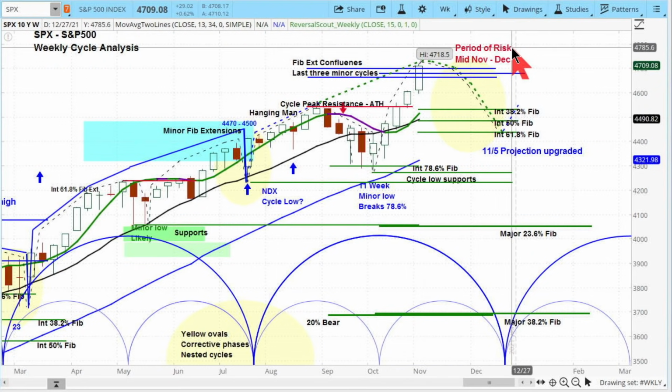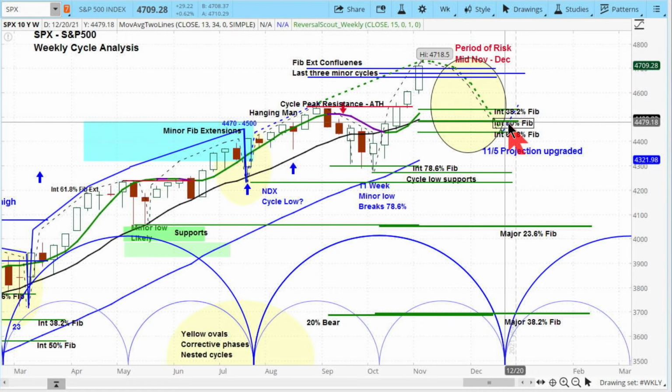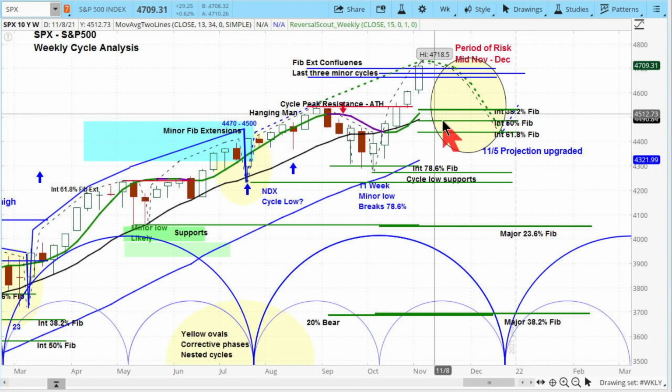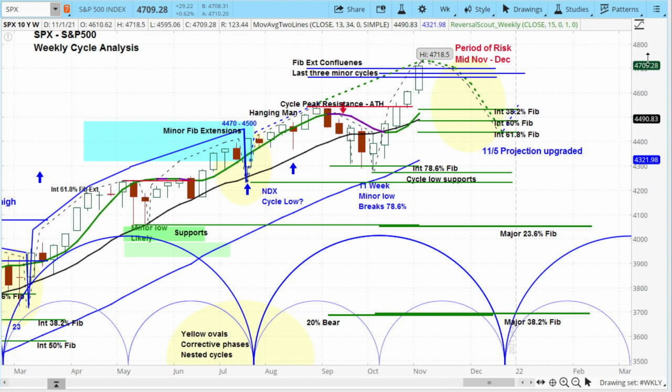The period of risk is mid-November through December right in here, and that takes you right towards the end of the year. That's that next oval, and we would expect that it would have some pullbacks. That's counter to what most people would believe regarding seasonality, that you get the Christmas rallies and then the markets hold up.